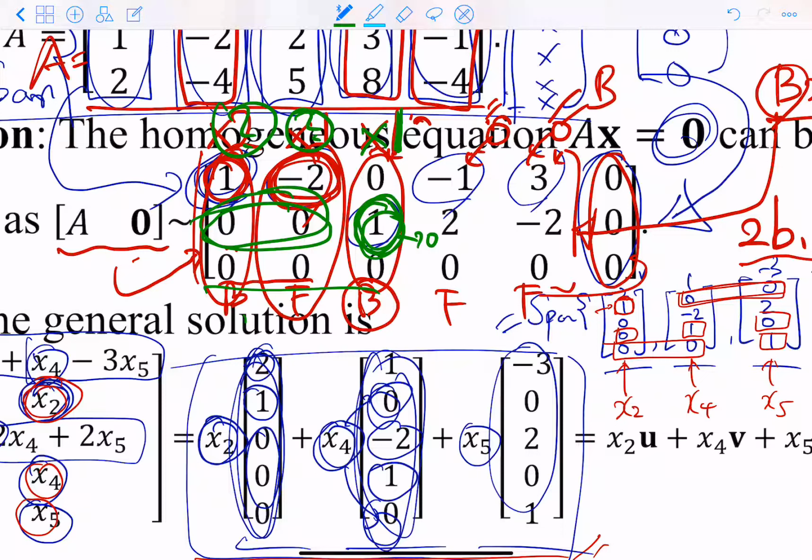So again, we are considering the strategy of adding one vector at a time and checking whether that vector is represented as a linear combination of the previous ones, okay?